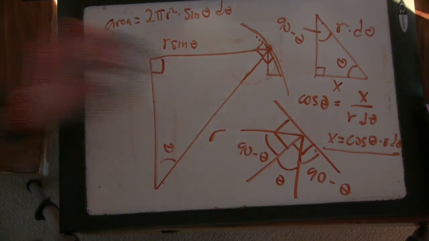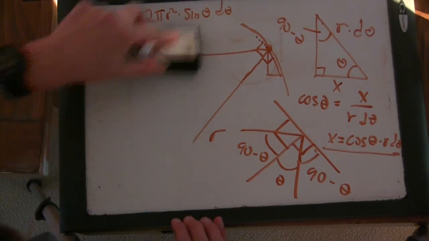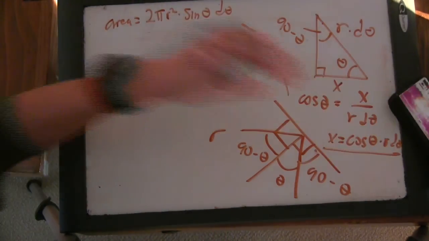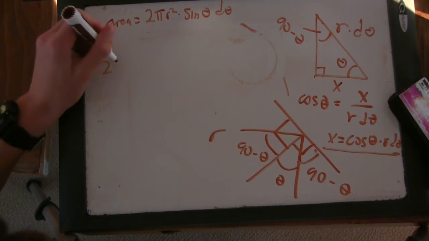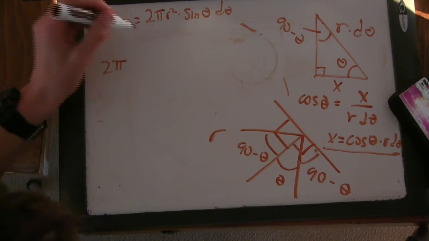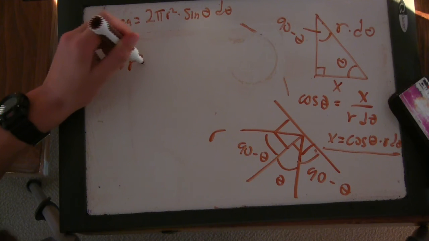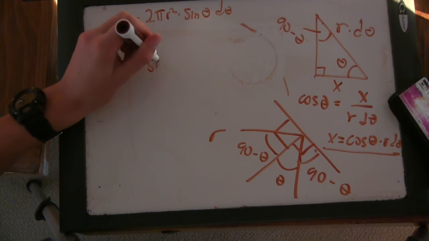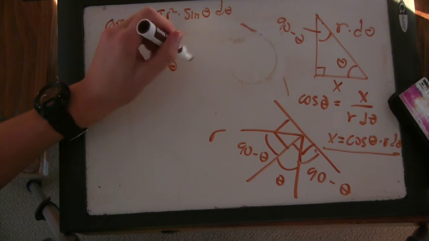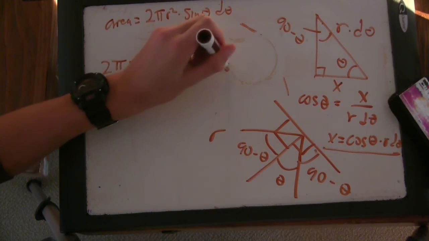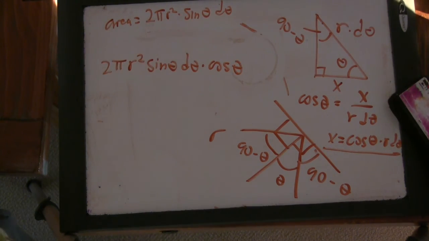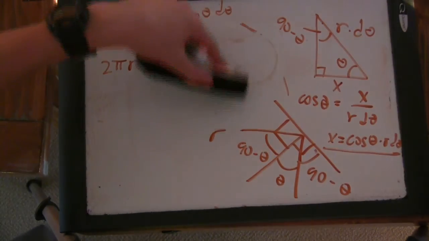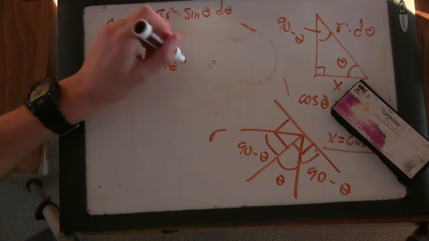So it's going to be long, but we have 2 pi r squared sine theta d theta times cosine theta. Usually you would write the d theta last, so sine theta, cosine theta, d theta.